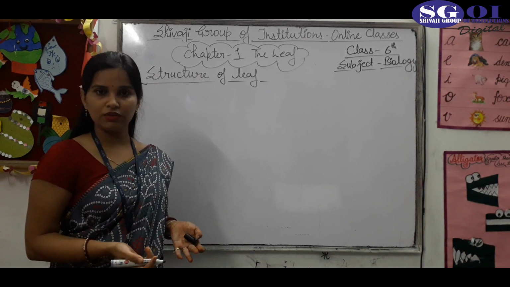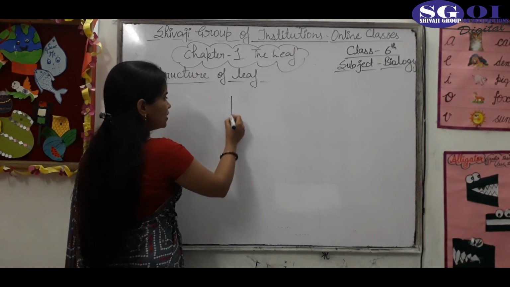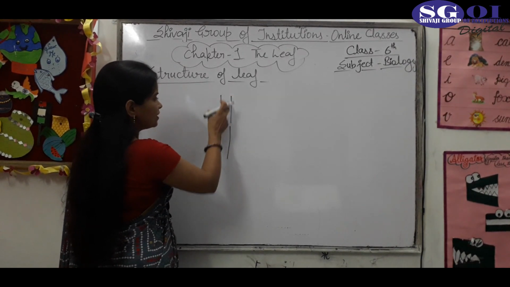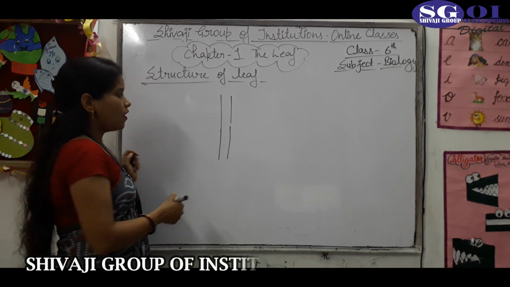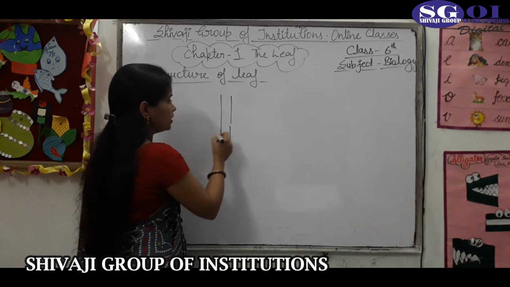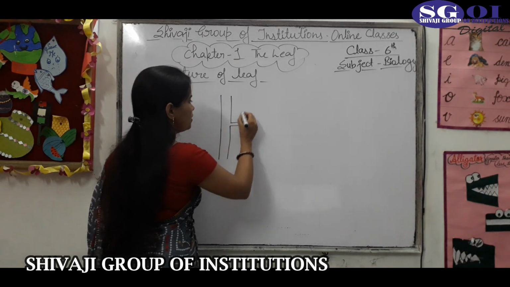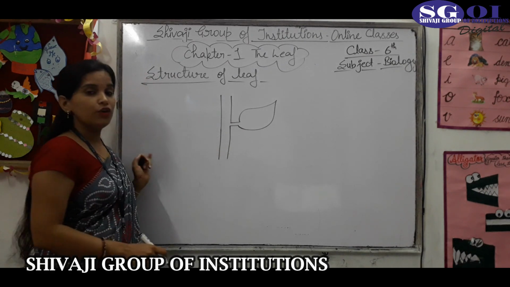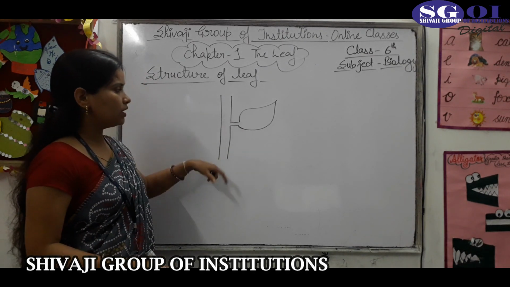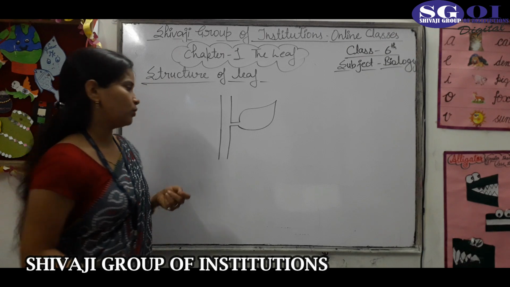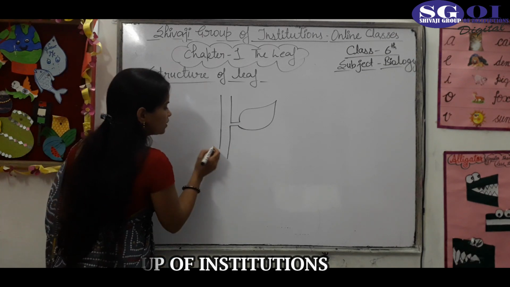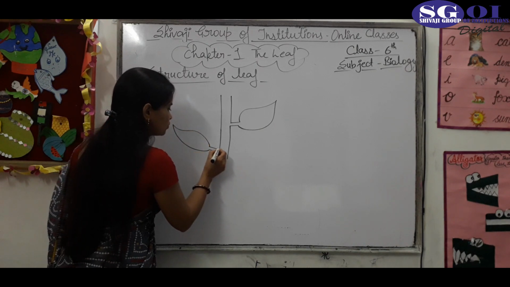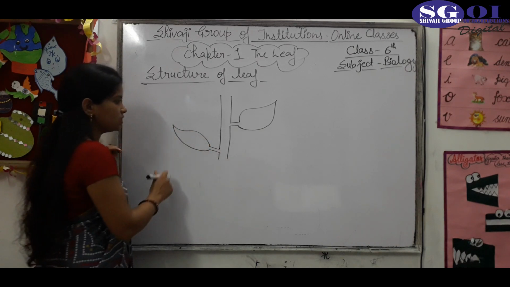But what is node? Node is the place on the stem where the leaf arises. Suppose that this is the stem, and the place on the stem from where a leaf arises is called the node of stem. If another leaf arises here, it is also a node.